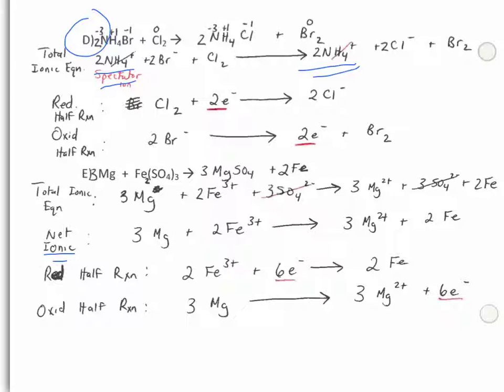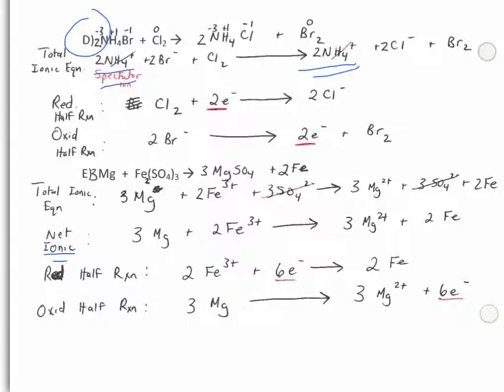I have two NH4 plus, and presumably they'd be in the same state. The ammonium ions aren't involved in the reaction, and so I can simplify the process of writing my half reactions by leaving out the ammonium ions, which are the spectator ions.